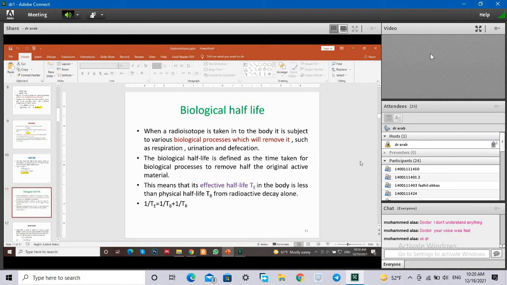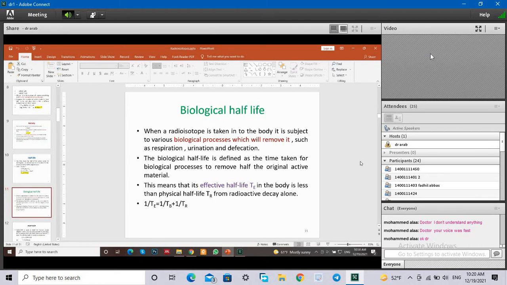In fact, when the radionuclide is taken up into the body, various biological processes such as respiration, urination, and defecation remove the drug from the body. The time taken for biological processes to remove half of the original active material from the body is called biological half-life time.